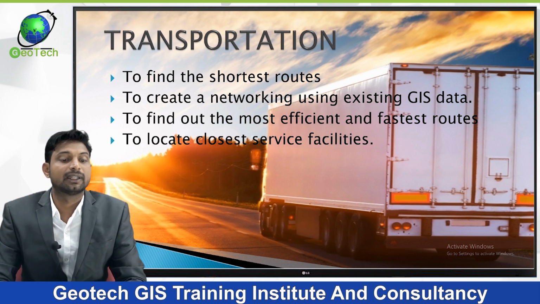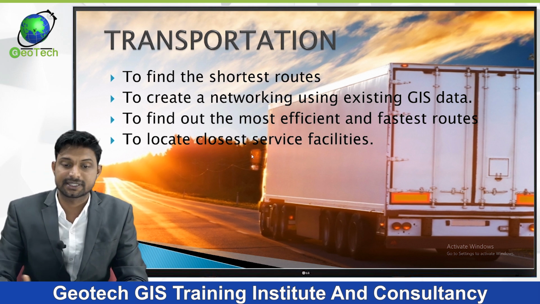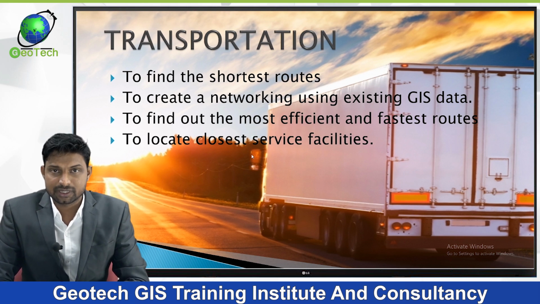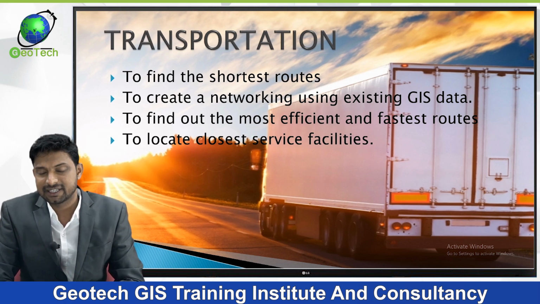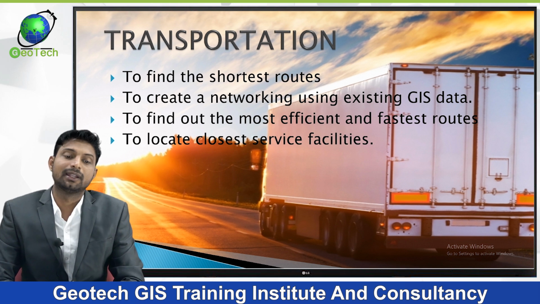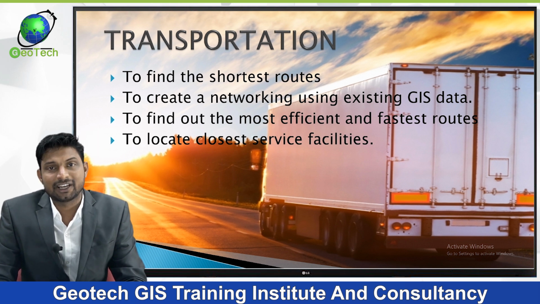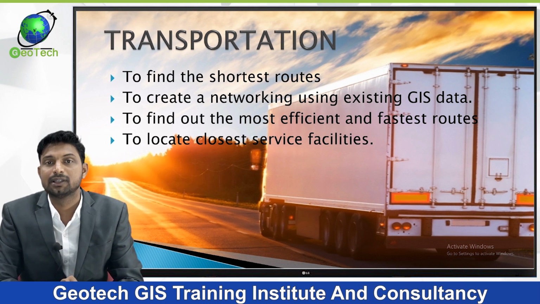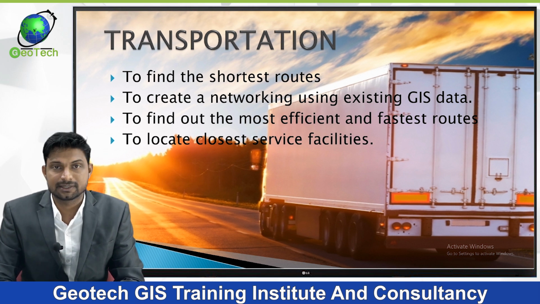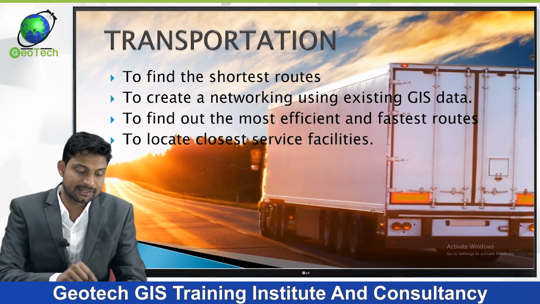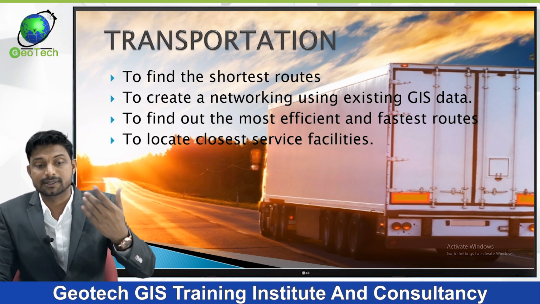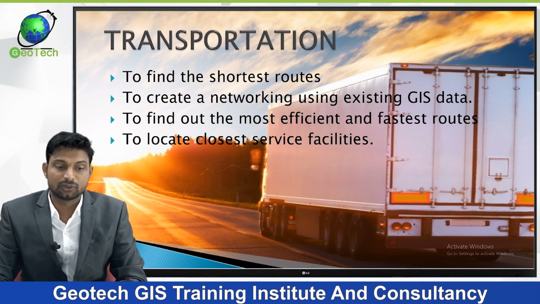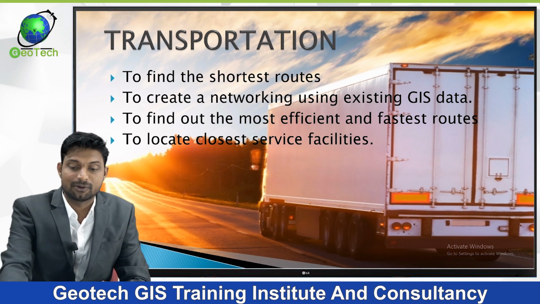Then also to locate the closest service facility, we can choose the nearest facility available. Suppose someone meets with an accident, he will search for a nearby hospital, or if we want a petrol pump, we can search where the nearest petrol pump is. So this is to locate the closest service facility.